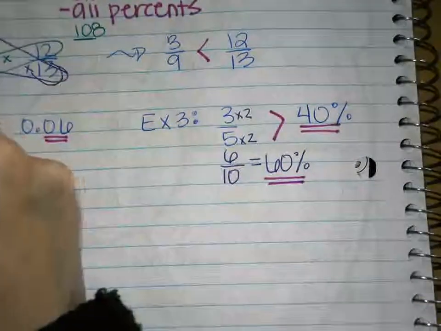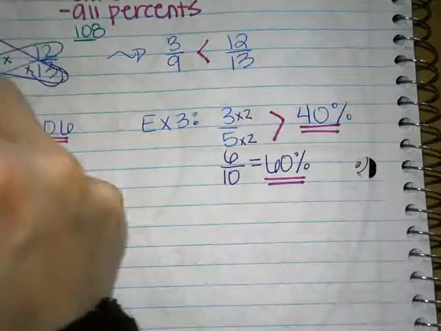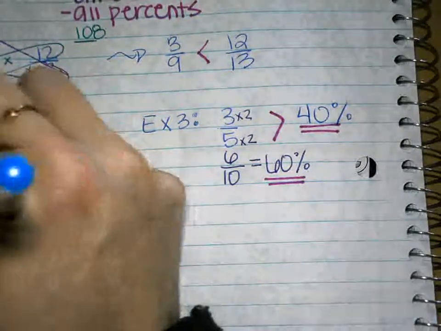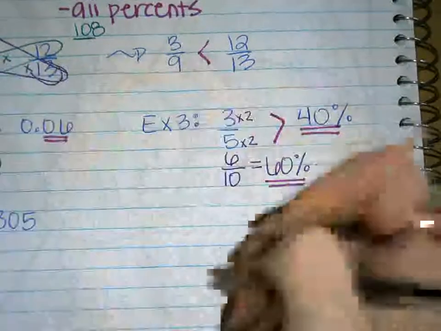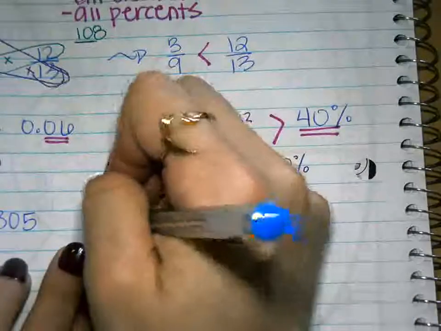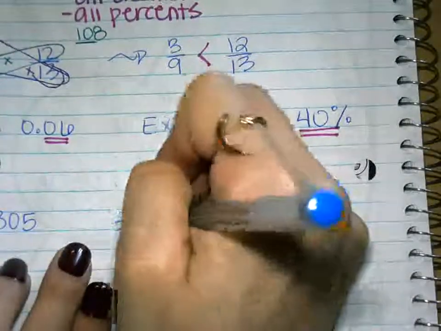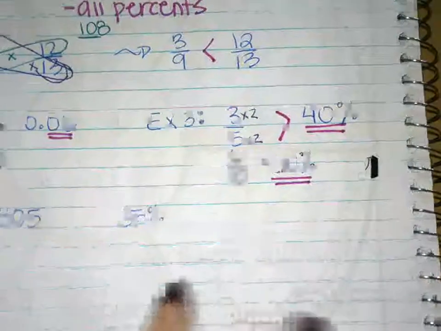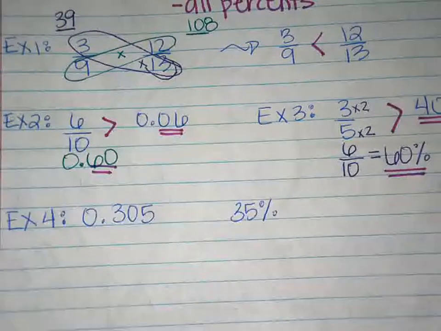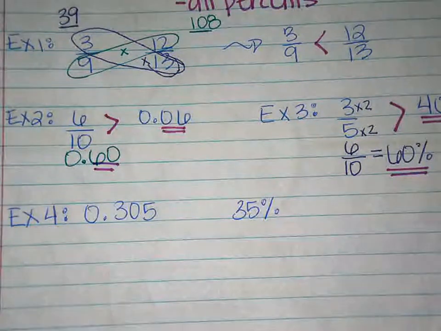Next example, example 4. 0.305 compared to 35%. Sorry. 0.305 and 35%.